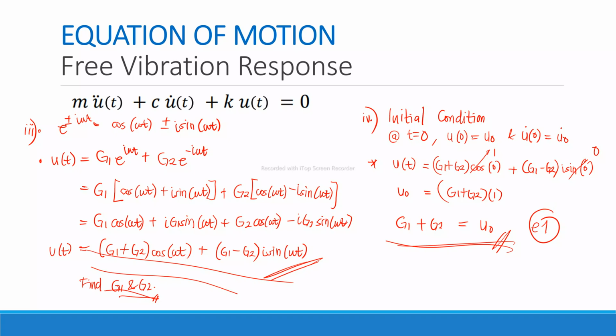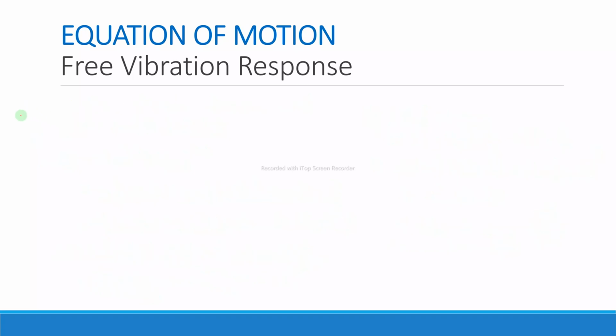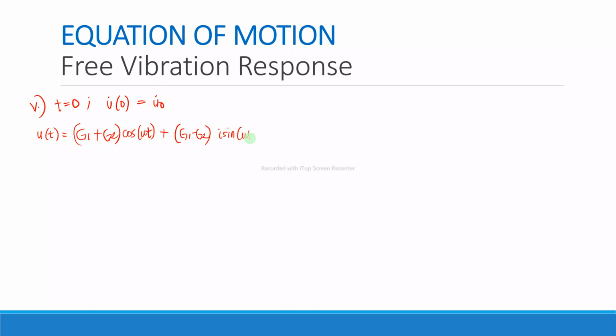Now, let's proceed to the second initial condition. From the given initial condition, at time equal to 0, u dot 0 is equal to u dot naught. So, we have u of t is equal to quantity g1 plus g2 times cosine omega t plus the g1 minus g2 times I sine omega t.